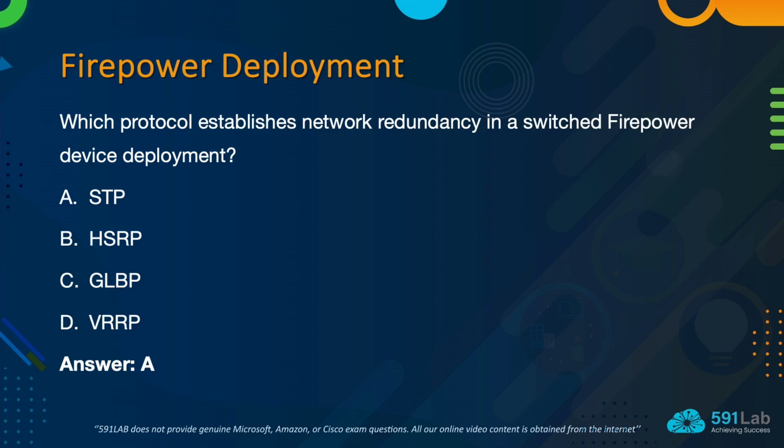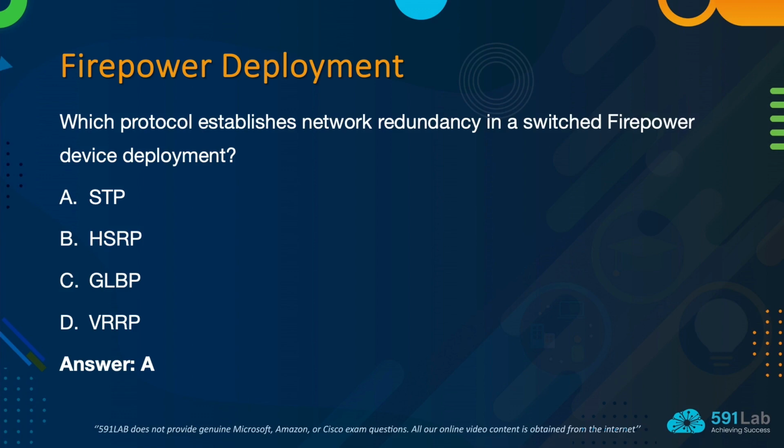Firepower devices, as security appliances, rely on a reliable and efficient network path for inspecting traffic. Spanning tree protocol ensures a loop-free, single active path that optimizes traffic flow for these inspections.